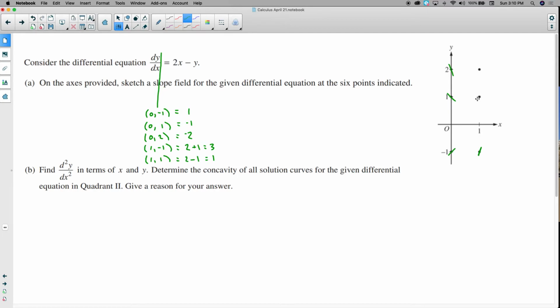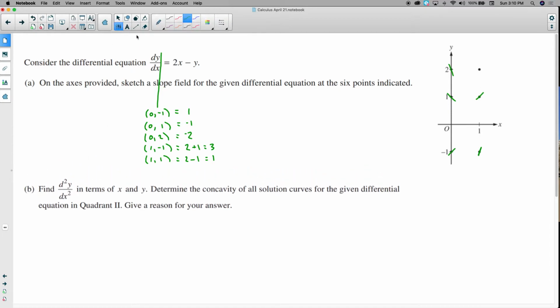So then there we go there. And let's go with 1, 2 is the last one here. And when you put in 1 for x and 2 for y, you get 0. Okay, so same sort of deal. There we go. I made quick work of that. Moving on.